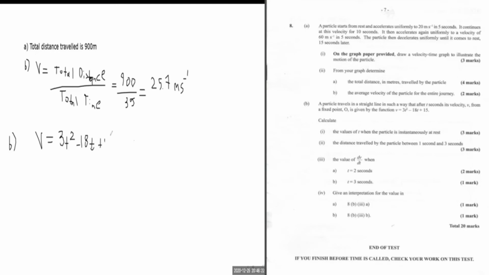That's the velocity of the particle. Now, if this is the velocity of the particle, what can we do? It says calculate the values of t when the particle is instantaneously at rest.